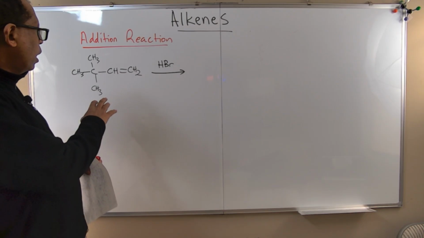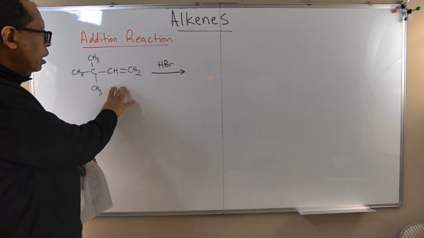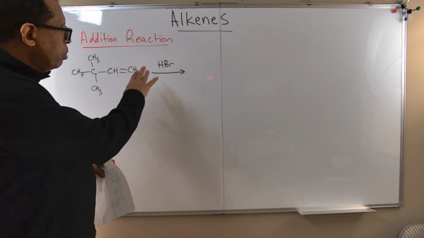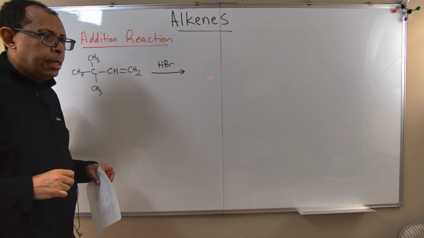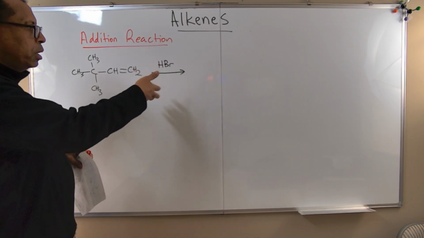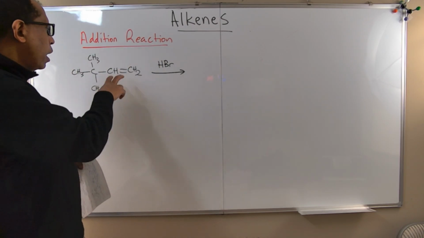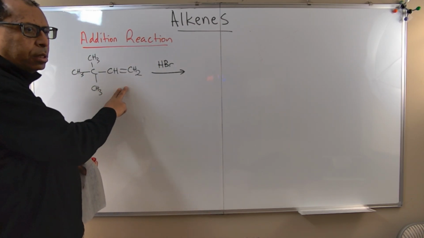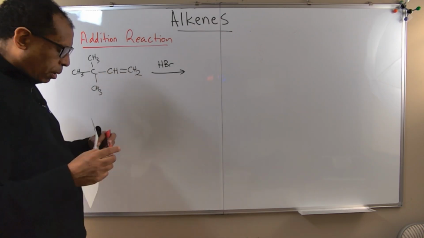Okay, here I have this alkene, and we are going to add HBr across the double bond. So this is an addition reaction, which we have learned. An alkene would add HBr, and the addition would be along this carbon-carbon double bond.